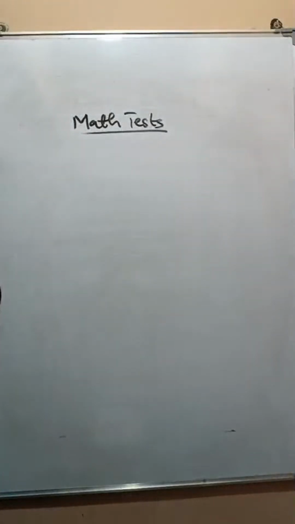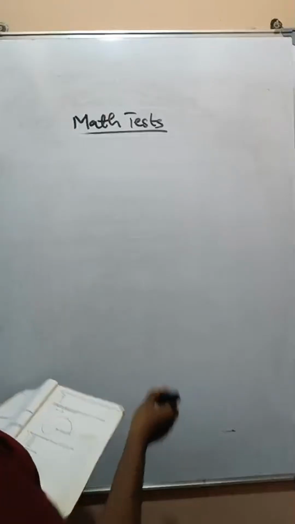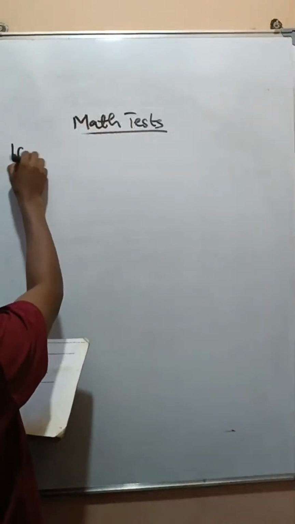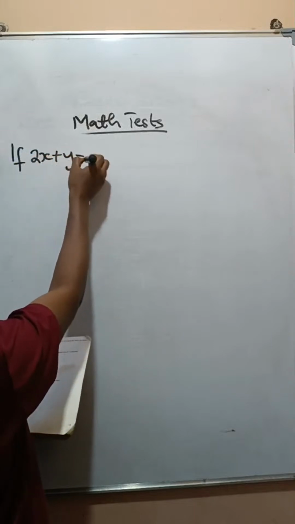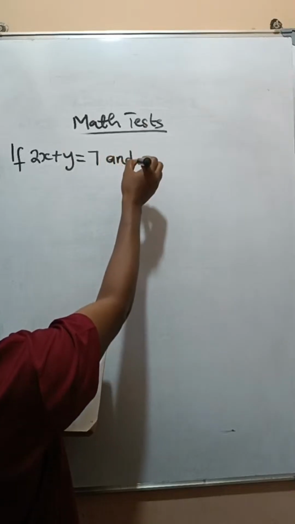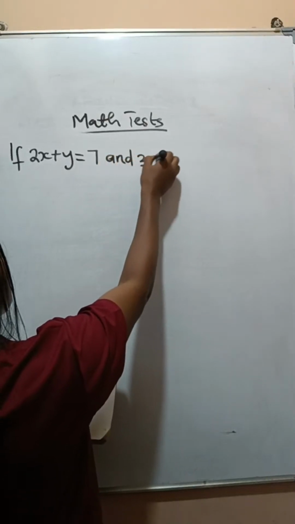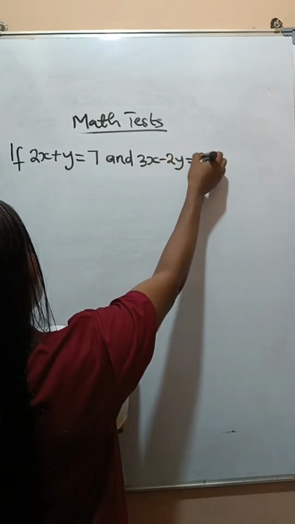Now the next question says, this is a tricky one. Those of you that love tricky questions, you will love this. It says, if 2x plus y is equal to 7 and 3x minus 2y is equal to 3.